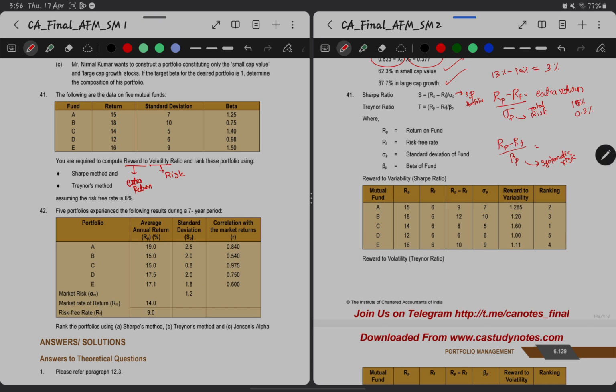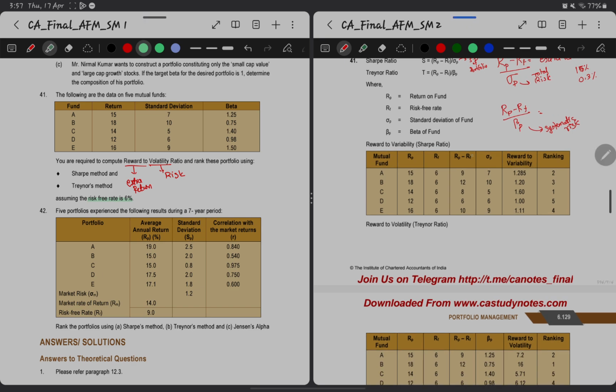Okay, now keeping these things in mind, that's what they are asking us to calculate. Reward to volatility ratio. Volatility is nothing but the standard deviation. Standard deviation is nothing but the risk of a portfolio, and reward is the extra return which we are earning more than the risk free return. Now they have given risk-free return in our case as 6%. So over and above 6%, whatever we are earning, that will be the reward. And they have given the standard deviation also, so that will be the risk.